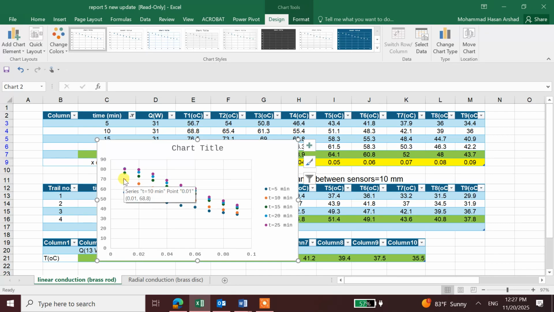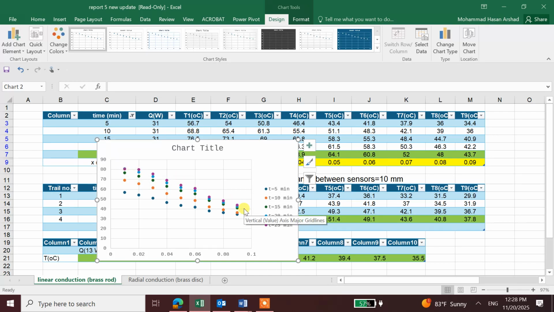T15 also shows a big difference, but the difference between 20 and 25 is very little. Maybe next time if you take data after 5 more minutes, both will be the same. So after 20 minutes it is reaching a steady state, and after 25 it is almost steady state. There is not much difference in temperature between 20 and 25 minutes.